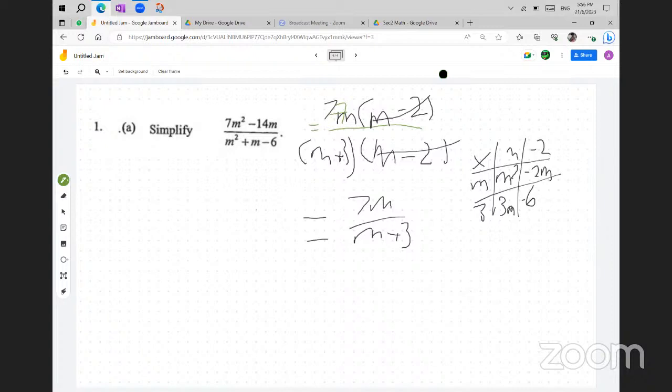This cancellation is totally allowed. And this cancellation just now is totally wrong. The one before is great. The one that you just tried to do is totally not allowed. Yeah, I know, that's totally not allowed. But do you know why? It is good to know why.